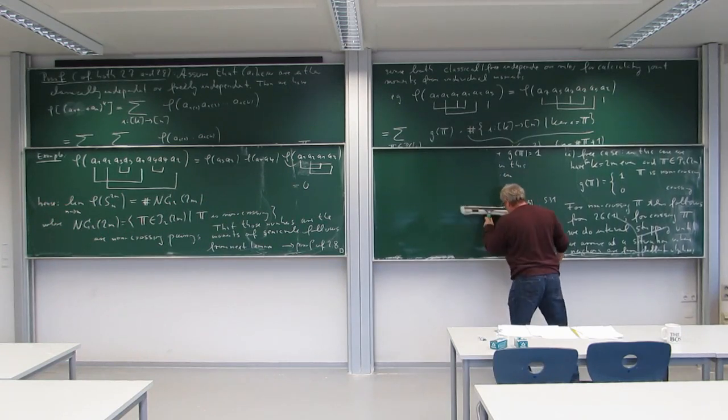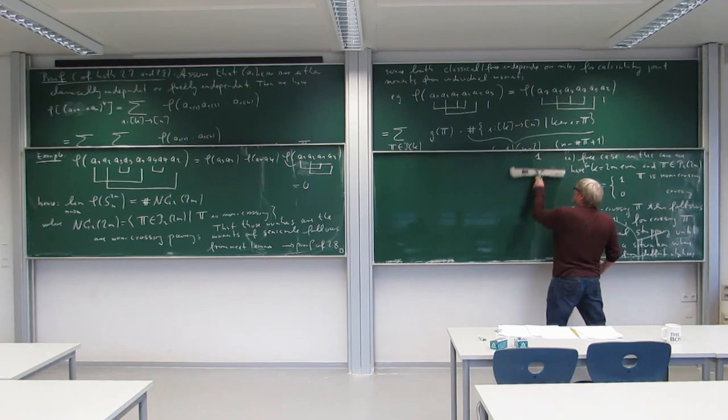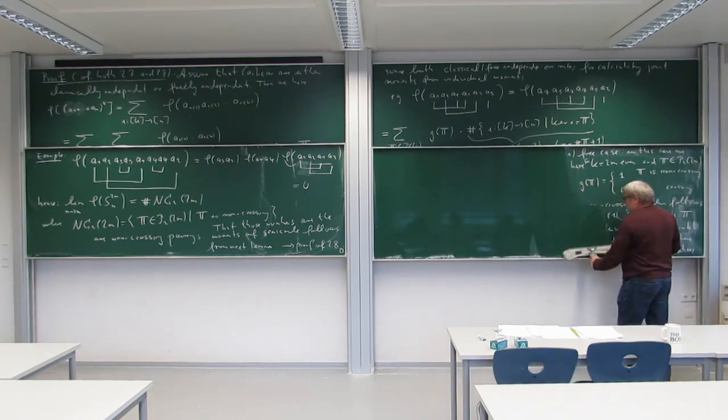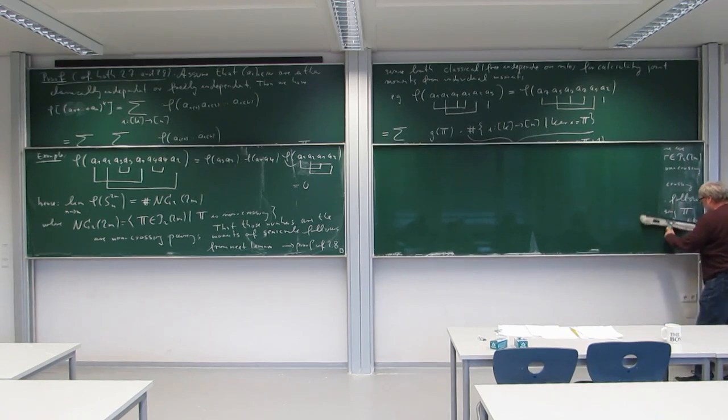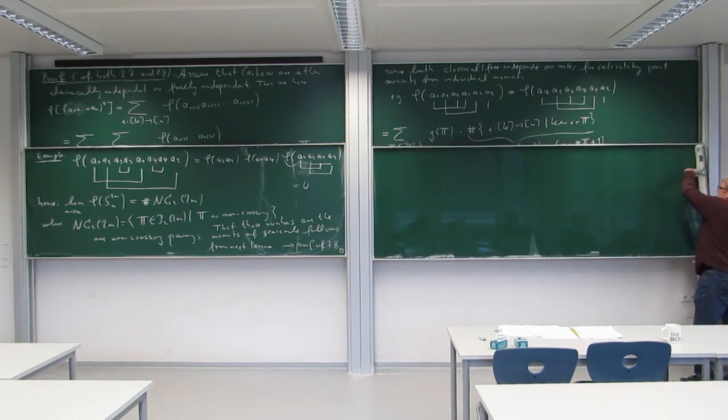In any case, with this combinatorial approach, one sees the analog nature of the classical and the free central limit theorem maybe much more clearly than by just presenting these analytic formulas. In the classical case, you go to the normal distribution. In the free case, you go to the semicircle.